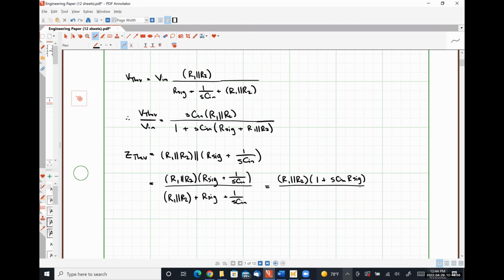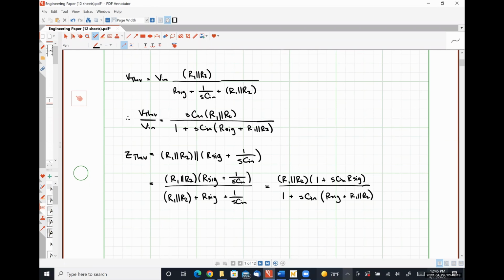And in my denominator, that's going to leave me with 1 plus SCn times R sig plus R1 in parallel with R2, if my algebra here is correct, and I believe it to be so.